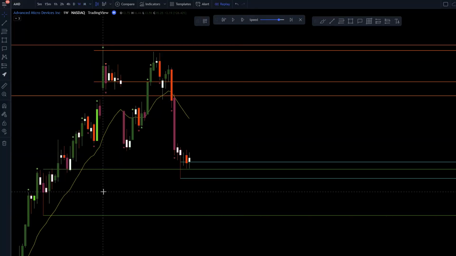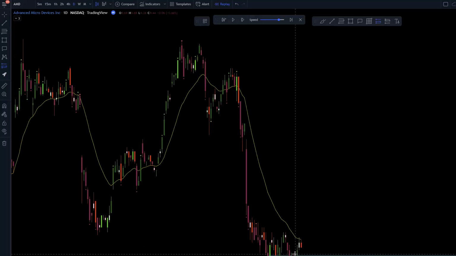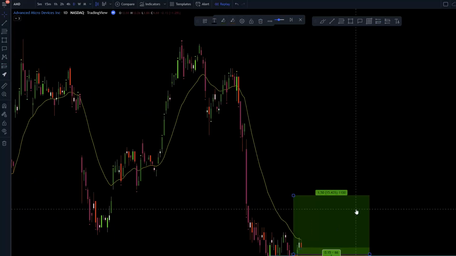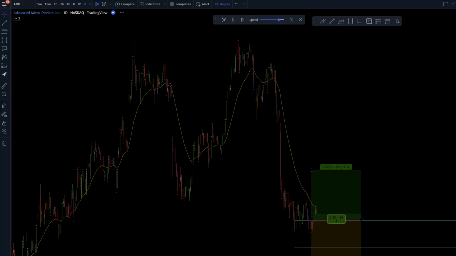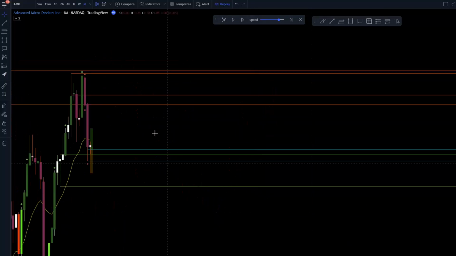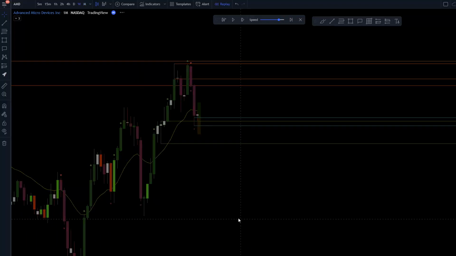So this, guys, is a risky trade, but I'm trying this out with a high level of buffer. So this one is a tricky one.